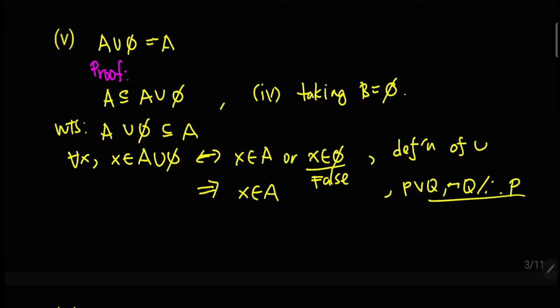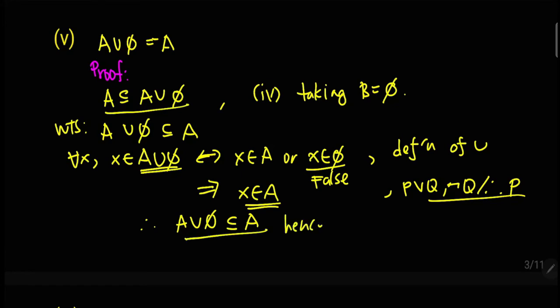So if P or Q, and not Q, then we have, therefore, P. So from our statement, x coming from the union means x is in A. Therefore, by the definition of subset, we have A union empty set to be a subset of A. So we have two-way inclusion, the first inclusion and the second inclusion, therefore they are equal. And we are done.